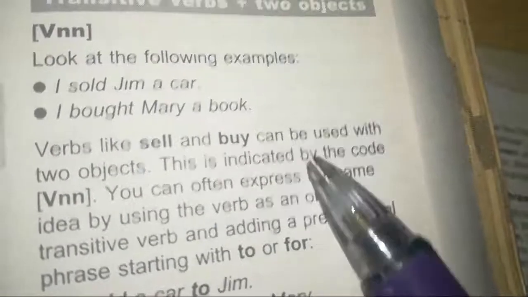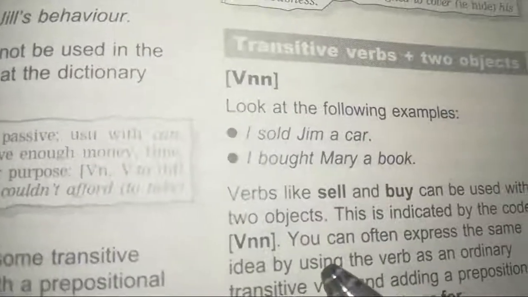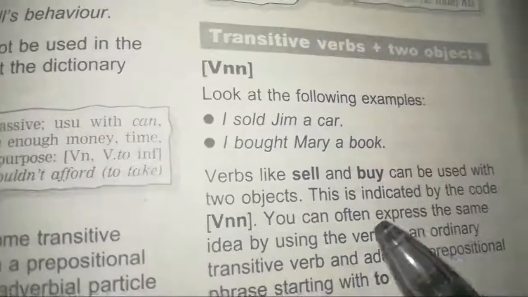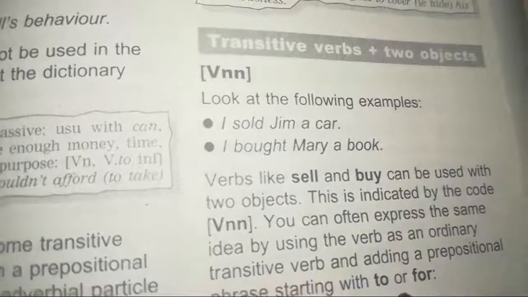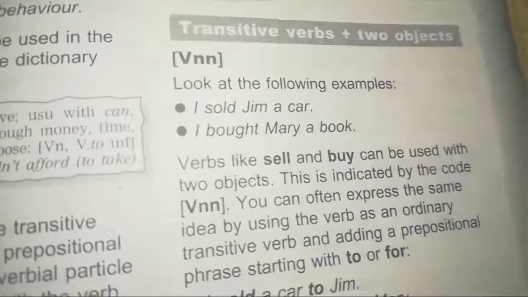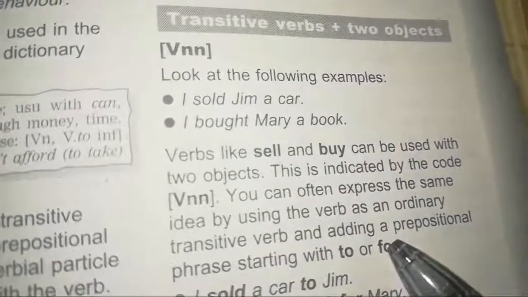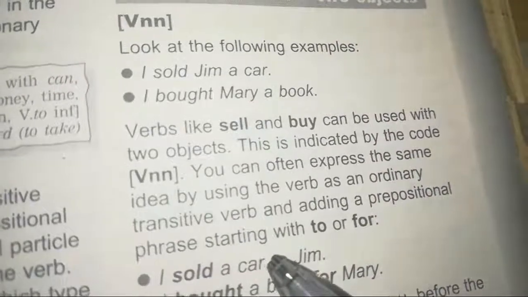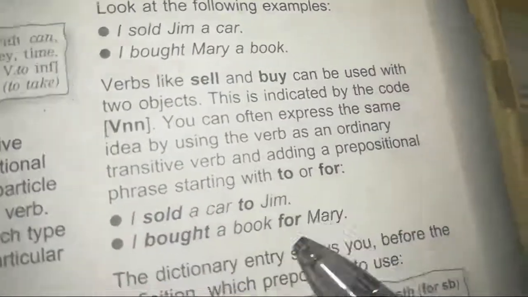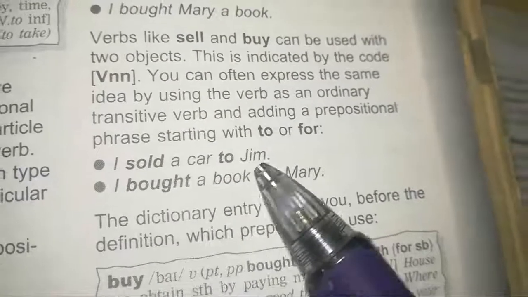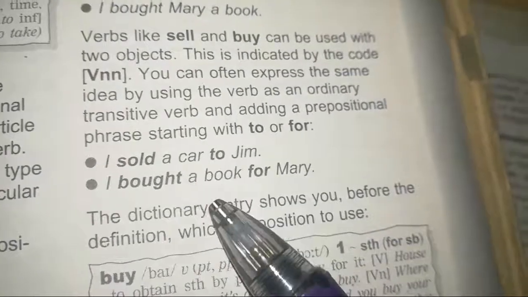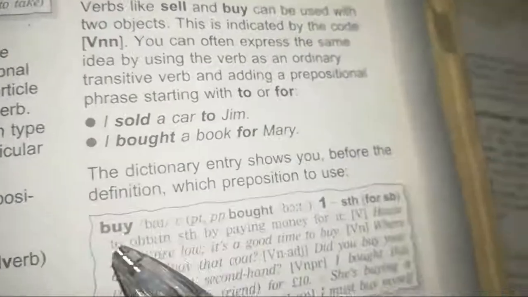This is indicated by the code VNN. You can often express the same idea by using the verb as an ordinary transitive verb and adding a prepositional phrase starting with to or for. For example, I sold a car to Jim. I bought a book for Mary.